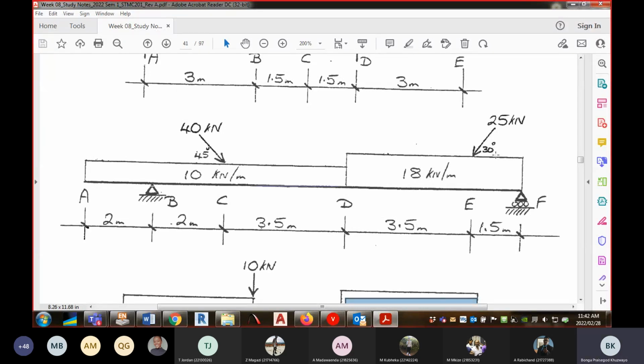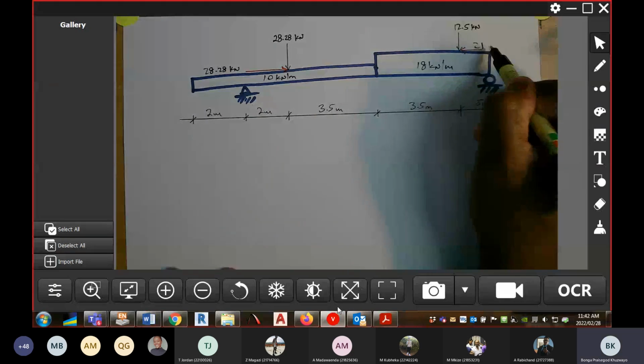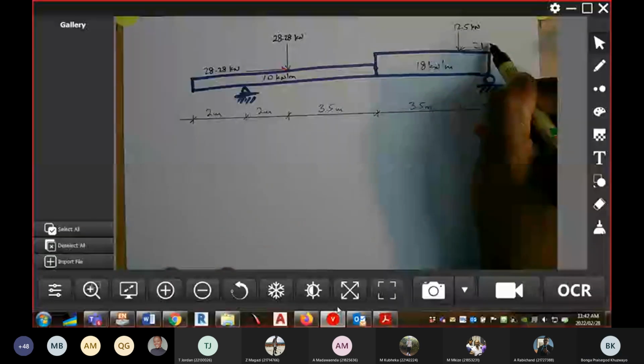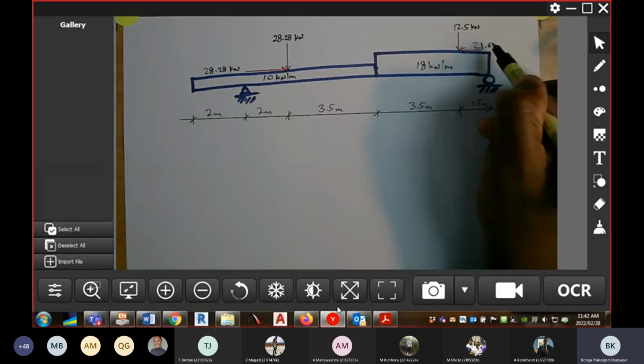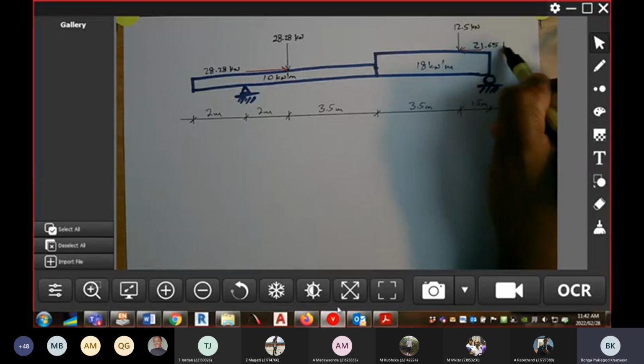Okay, thanks. 12.5 kilonewton. And then the horizontal component, 25 cos 30. 21.65 kilonewton.